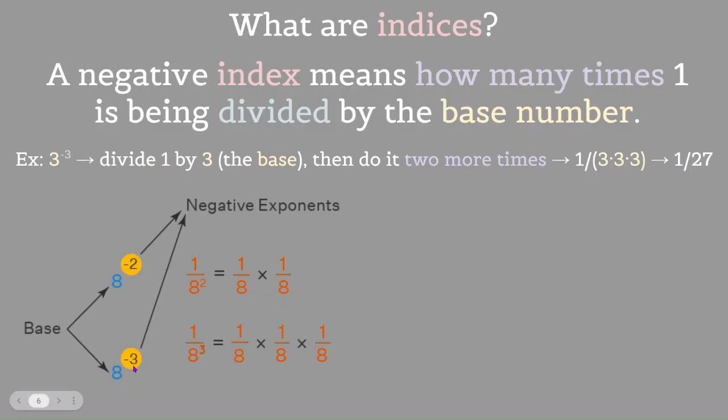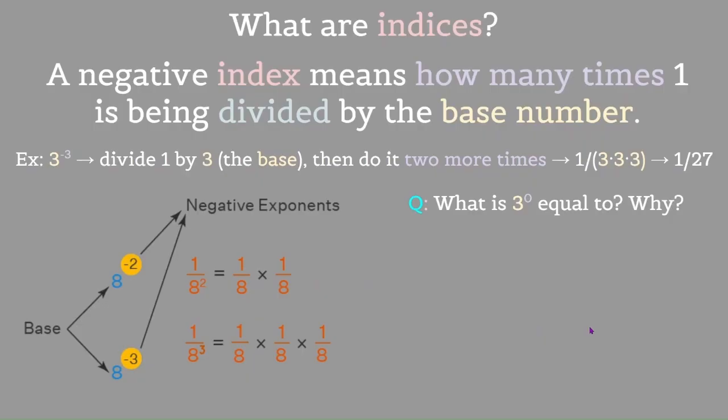Or 8 to the -3 power, the -3 index, same exact thing, right? You can see here, 1 divided by 8 to the third index, the third power, would also be equal to 1/8 times 1/8 times 1/8, right? You can do that math if you'd like.